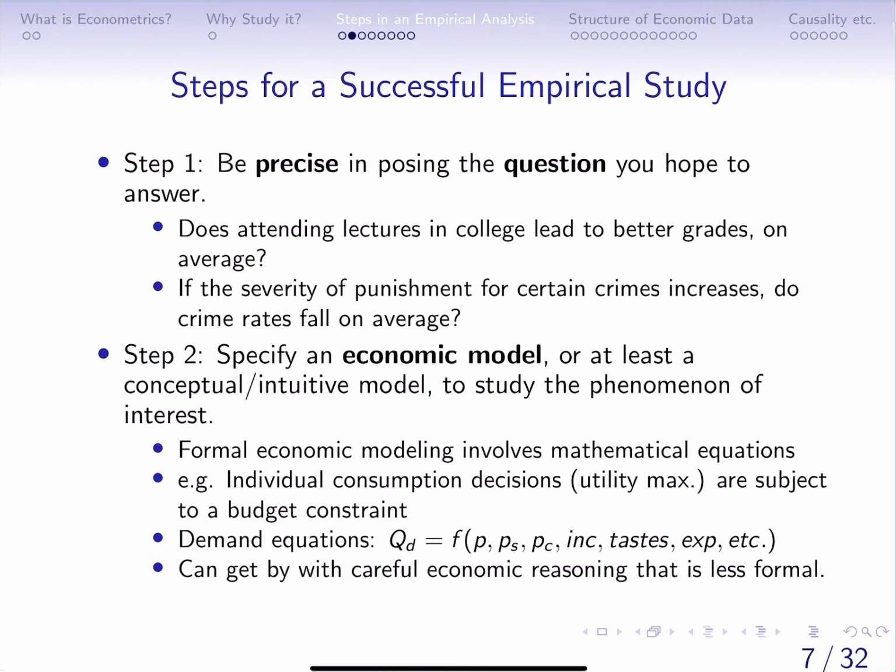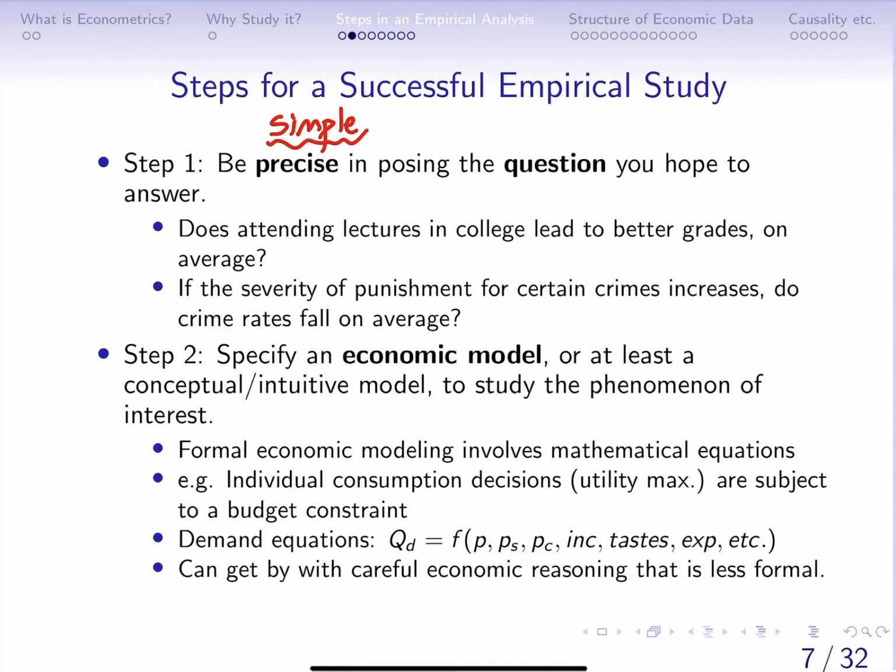So to start with an empirical study, it's very important for you to come up with a simple question. So first, it should be a simple question. Maybe you want to figure out or estimate the effect of one variable on another. For example, did giving out the incentive, the burger incentive at Shake Shack, have any effect on vaccination rates?